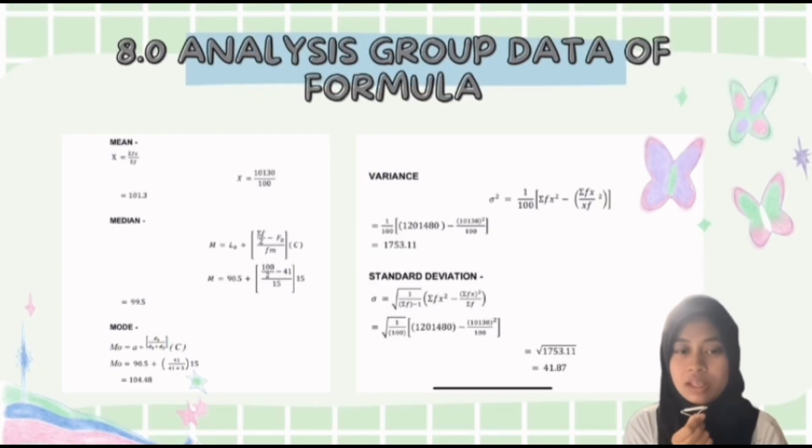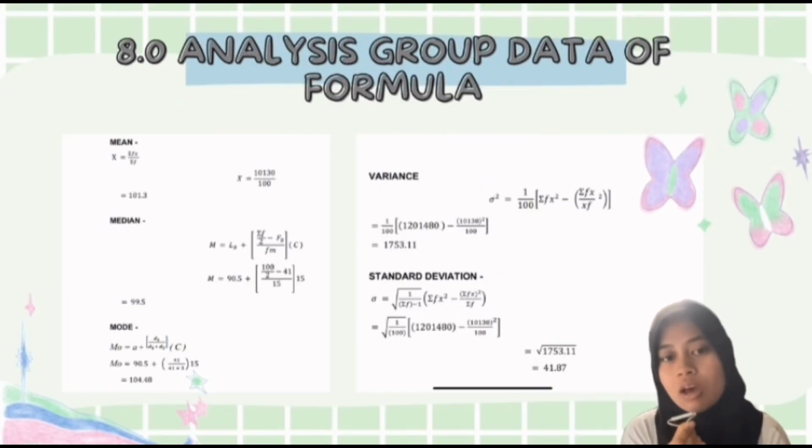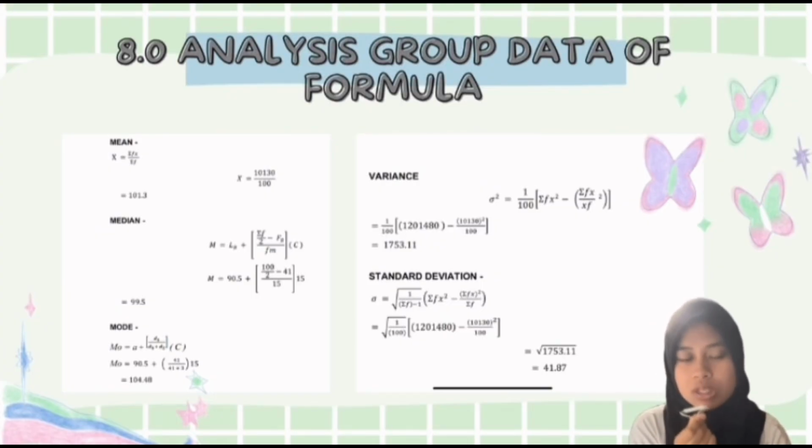Next we go to the median. The median formula uses the lower boundary plus the sum of f over 2 minus FB, where FB is the cumulative frequency before the median class, over Fn, where Fn is the frequency of the median class.